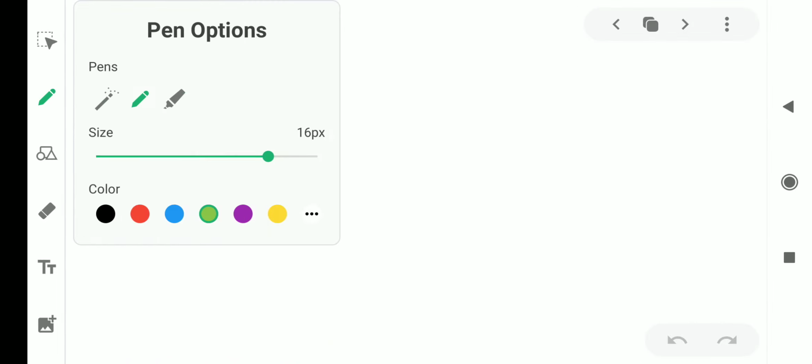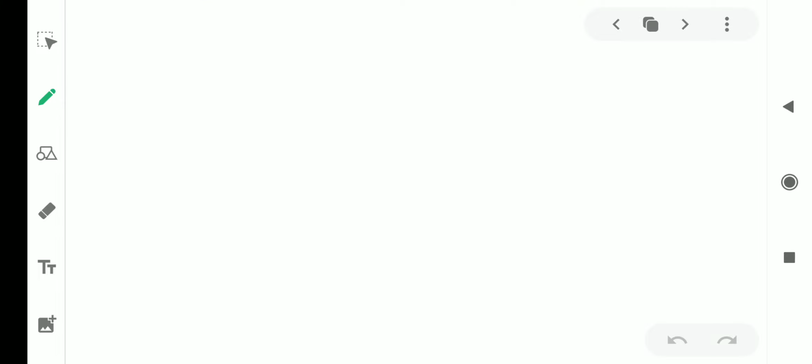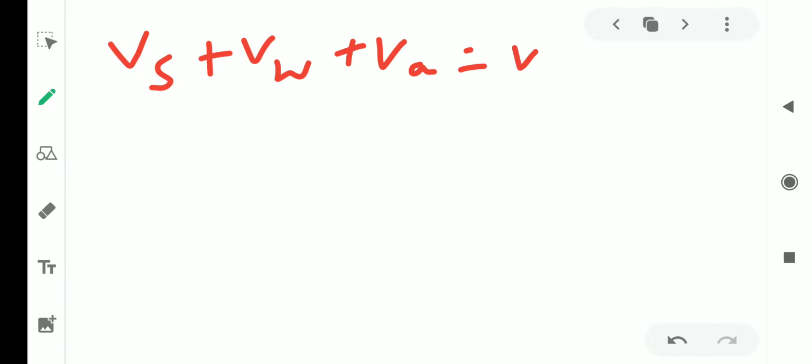Now volume of solids plus volume of water plus volume of air is equal to total volume.